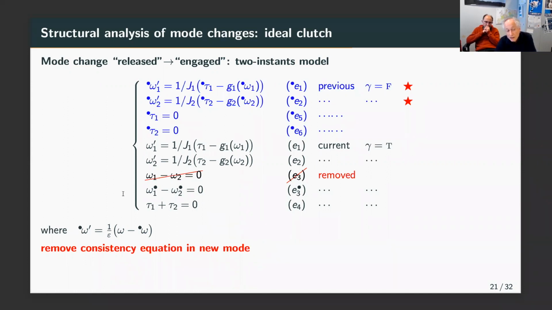So here we get a conflict with these three equations involving the variables of these two instant systems, which are omega 1, omega 2, omega 1 bullet, omega 2 bullet, tau 1 and tau 2. There are 5 of them.